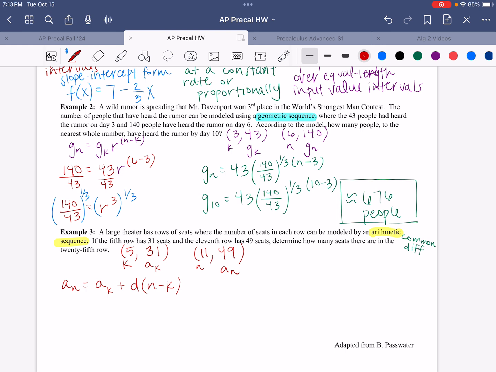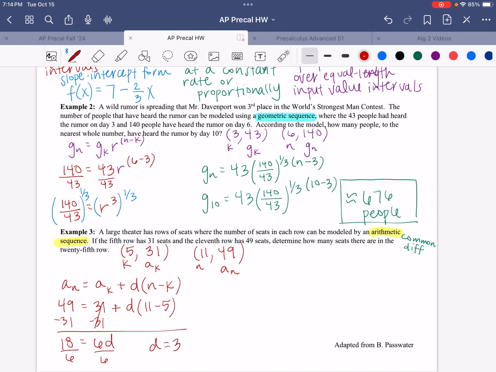We don't know the common difference yet, but we will, because we're going to plug in 49 equals 31 plus the common difference times n minus k. So I'm going to subtract 31, and we have 18 equals 6 times our common difference. Okay, so it looks like here our common difference is positive 3.